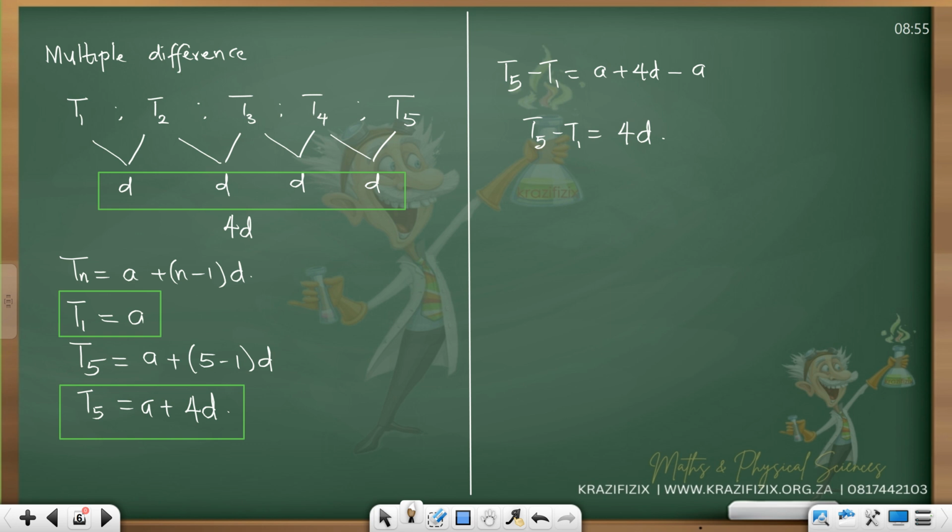And this is what I wanted to see now. I'm going to my multiple difference. Multiple difference means more than one difference, right? Good. Do you notice that 5 minus 1 is actually 4? It therefore means Tk minus Tm is (k minus m)d.